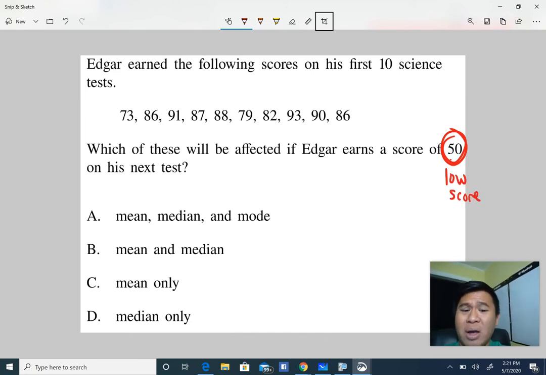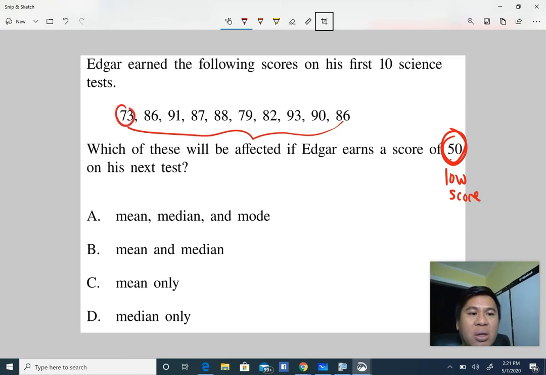And we can say that it might be a lower outlier in this case, because in our set of values in here, the minimum value is in fact 73, and 50 is way lower than the minimum value of 73.